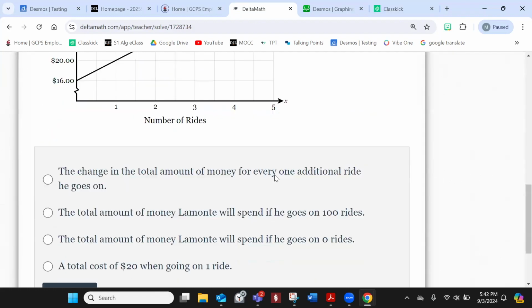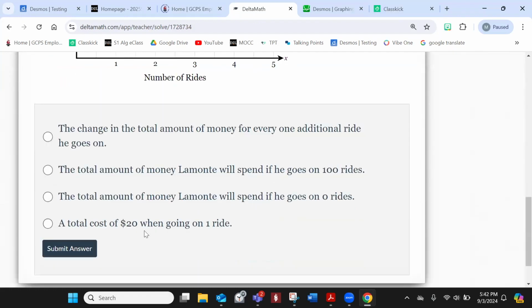All right, so let's look. The total cost of $20 when going on one ride. That's wrong. The total amount of money Lamont would spend if he goes on 100 rides. The total amount of money Lamont would spend if he goes on 0 rides. And then this one says the change in total amount of money for every one additional ride he goes on.